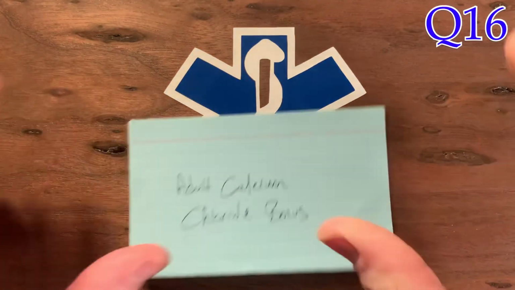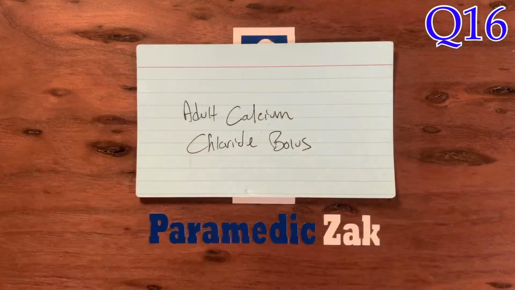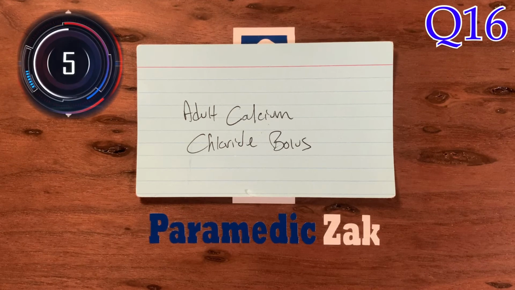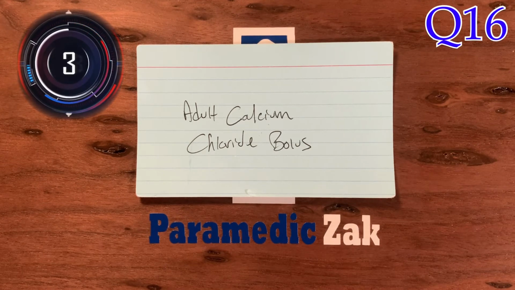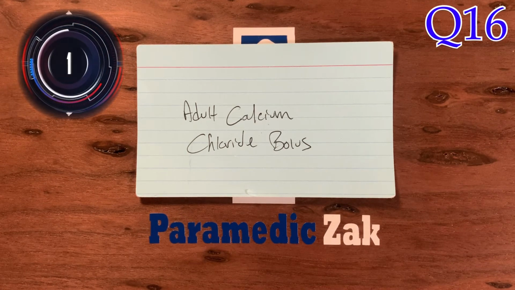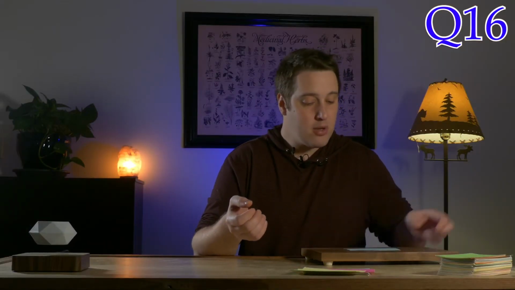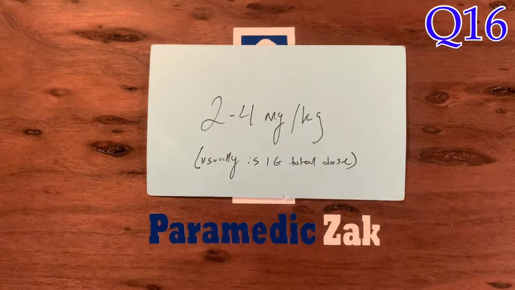Question 16. What is the adult dose for a calcium chloride bolus? Alright guys, so your calcium chloride dose for an adult patient is going to be 2 to 4 milligrams per kilogram, but oftentimes you'll see that just the entire gram is given.